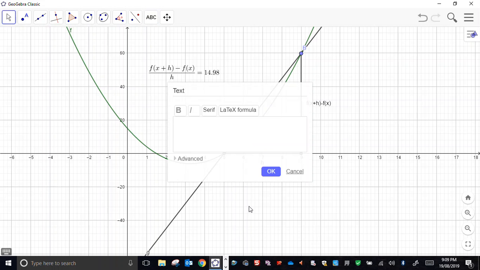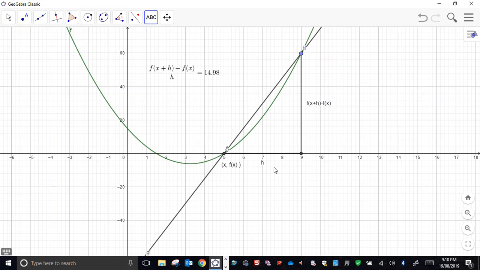So this point here would have a coordinate of x, and then the y value would be whatever the function of x is at that point. So that point A has an x coordinate of x, and the y value is whatever the function's value is. Over here at this point we've moved a distance of h, but that point isn't on the function, the point on the function is all the way up here.